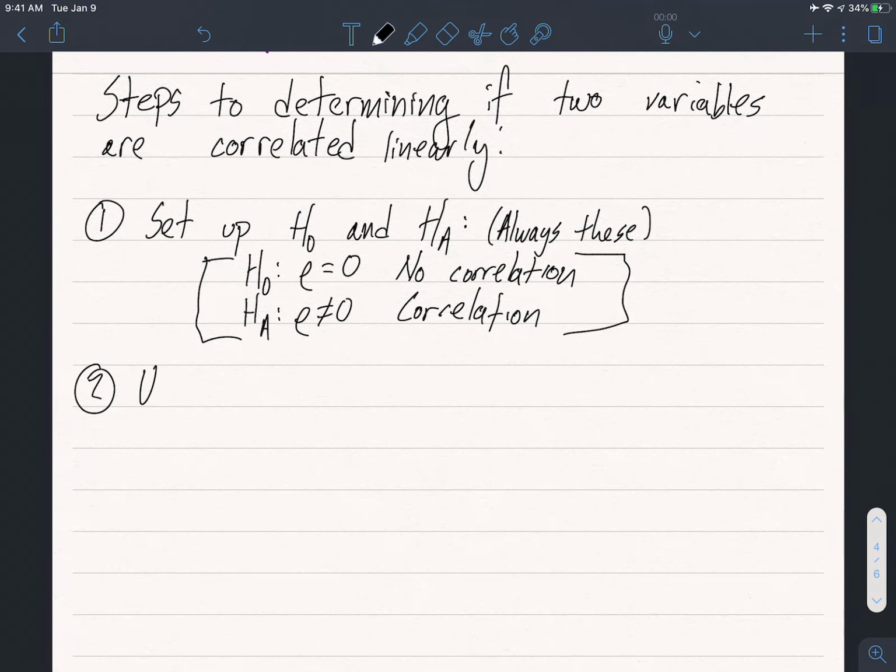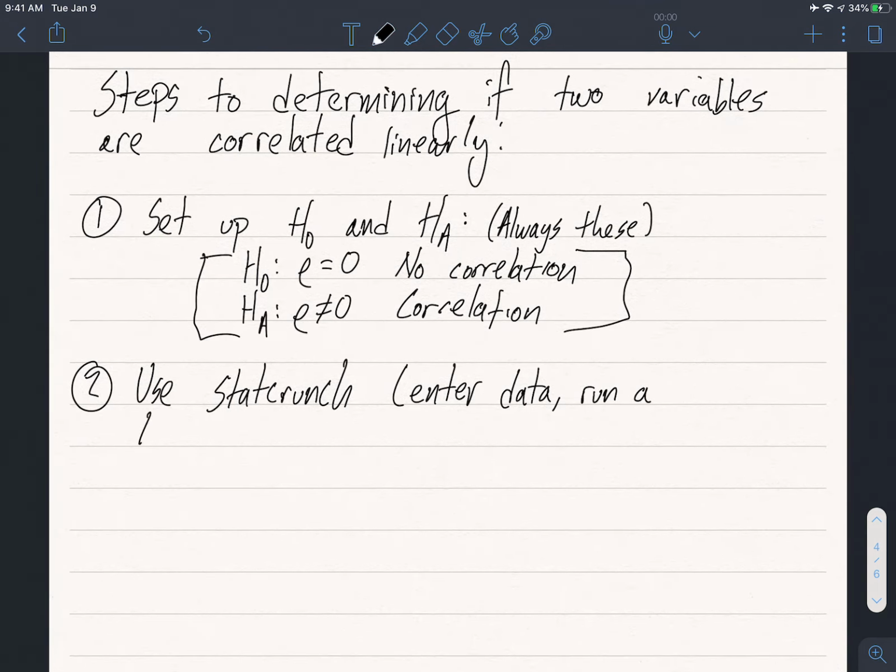All right, so they're set up. Step 2, use StatCrunch, which means enter the data, run a linear correlation test.